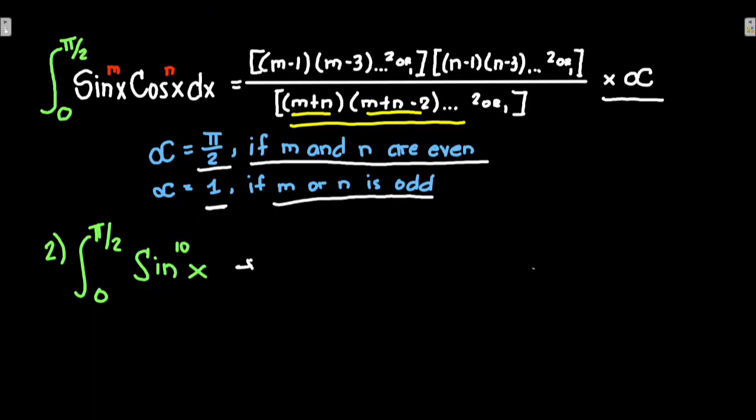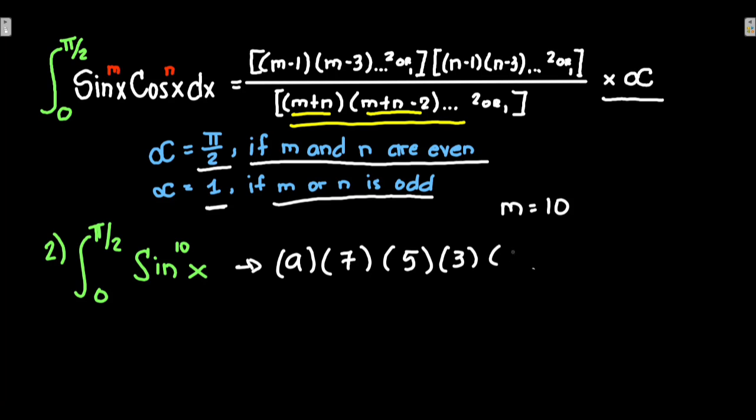Number 2, example, sine raised to the power of 10 of x. And so, m here would be 10. And so it would be m minus 1 would be 9, multiplied by m minus 3 would be 7, 7 minus 2 would be 5, 3, up until it reaches 1 or 2.